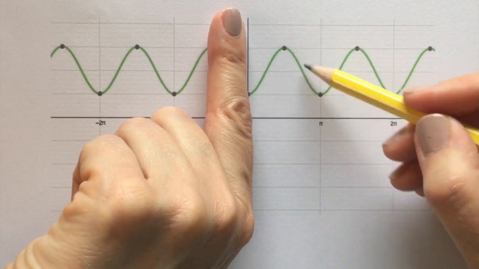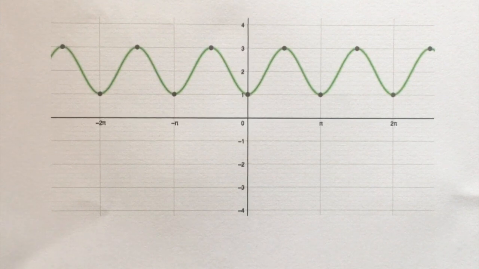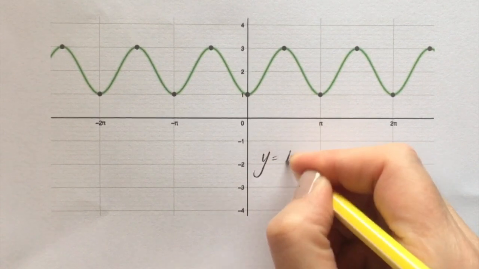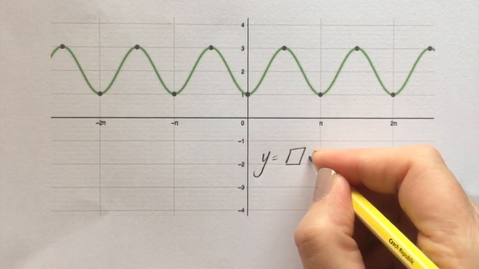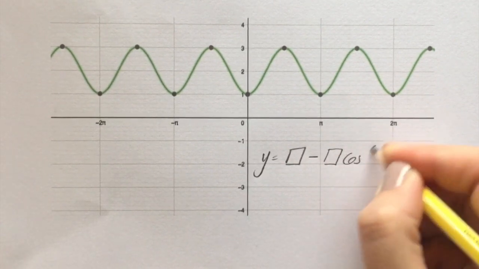Now, if it's an upside down U shape, we've got a transformation of the cos x curve. And because it's been flipped, and normally a cos x curve is all about the U shape, because this is an upside down U shape, we are talking about a transformation with regards a reflection of the cos x curve.